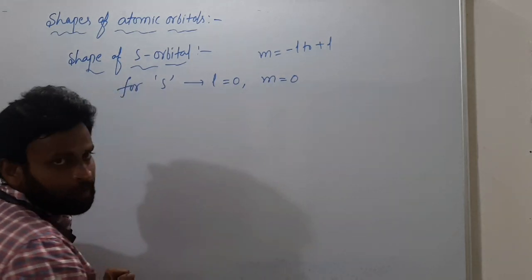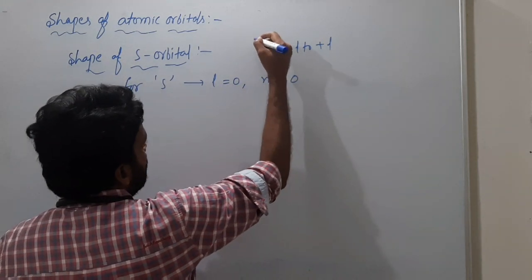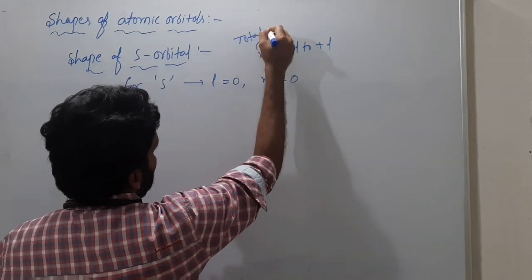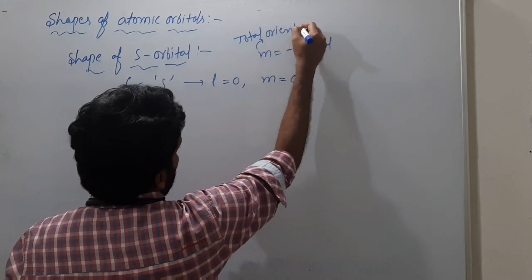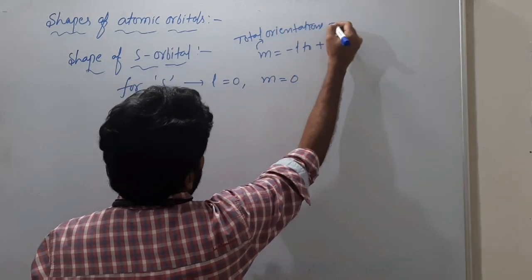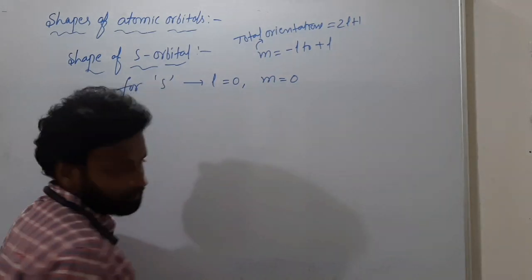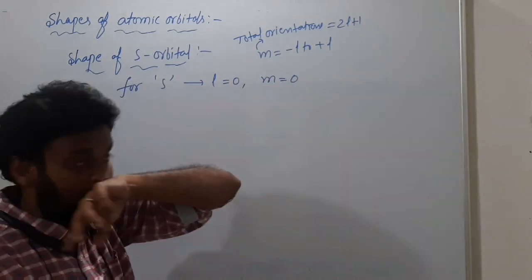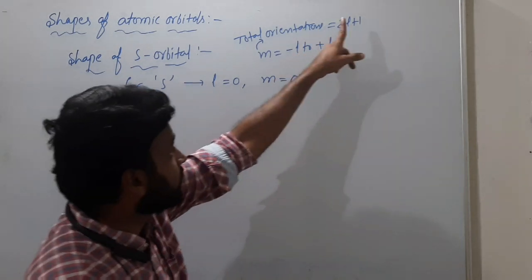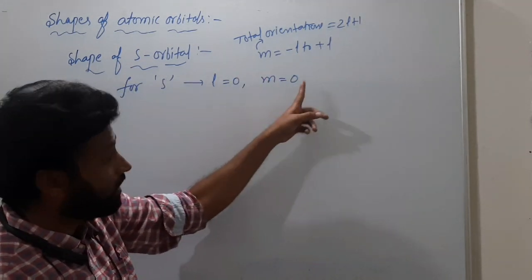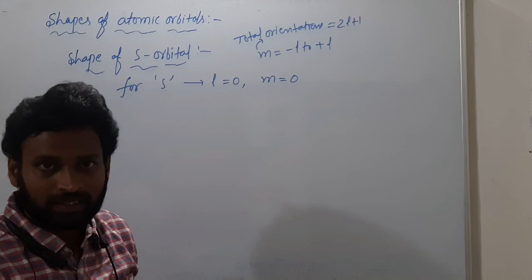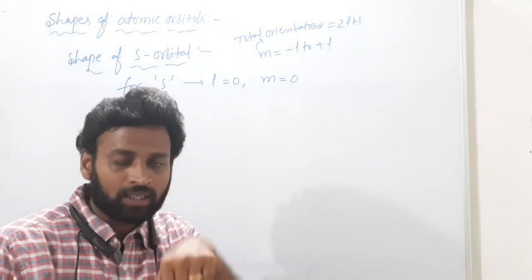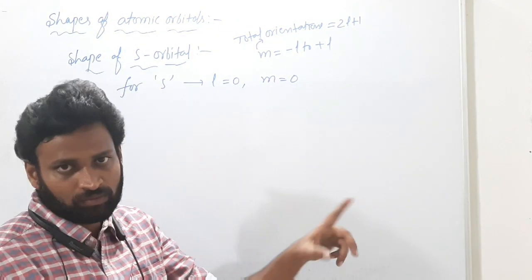Or else use the total orientations formula, 2l plus 1. So 2 into 0 plus 1 is 1 orientation. Don't take the m value as 1. Total orientation is 1, and the m value is 0.